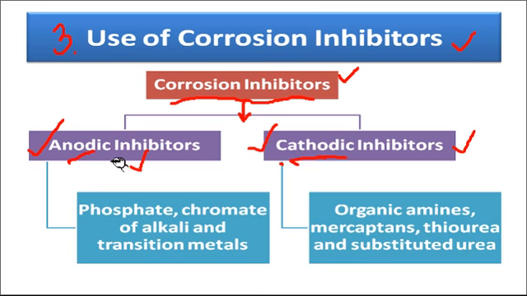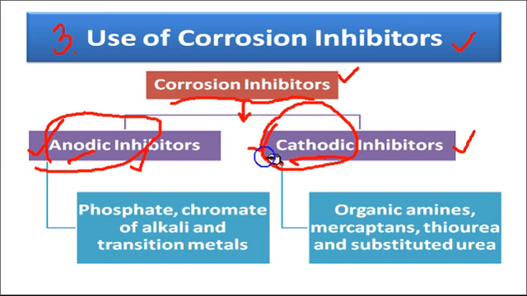For example, phosphate and chromates of alkali and transition metals are anodic inhibitors, while organic amines, mercaptans, thiourea and substituted urea are examples of cathodic inhibitors.